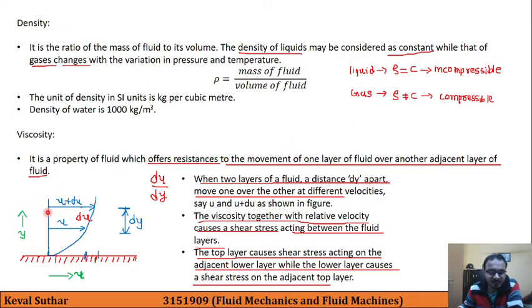As we can see here, this is the fluid flow from left to right, and it is passing over this plate. So there is always some resistance between two consecutive layers, which reduces the fluid motion towards the plate. So this property which offers this resistance is known as viscosity.